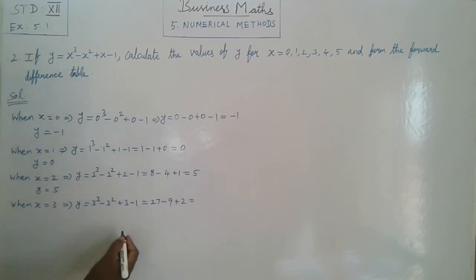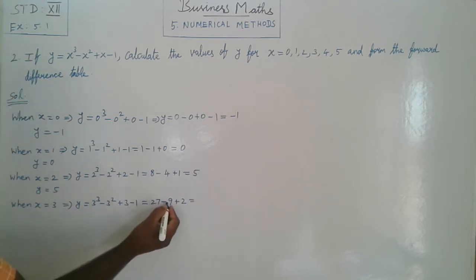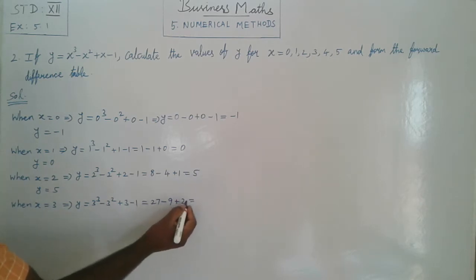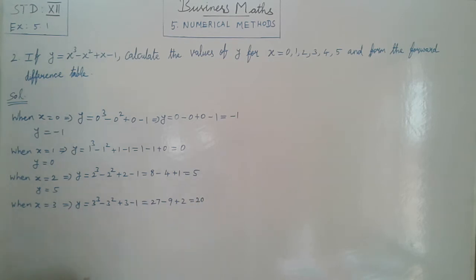Equal to 27 minus 9 is 18, 18 plus 2 is 20. So when x equal to 3, y equal to 20.